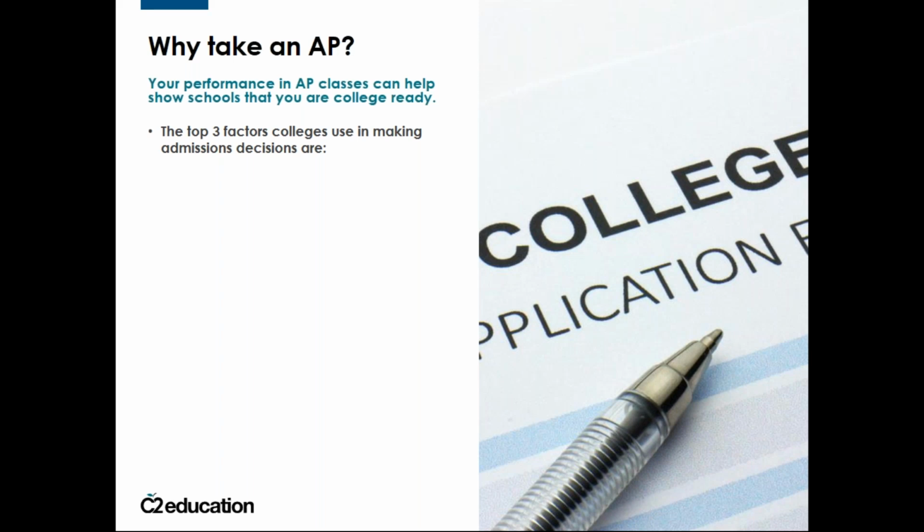At the end of the day, the entire goal or drive behind high school, behind everything that all of you are doing, besides just getting an education and learning, is college. Numerous studies over the past several years have shown that the top 3 factors admissions officers say they use in making college decisions are grades in your college prep classes.